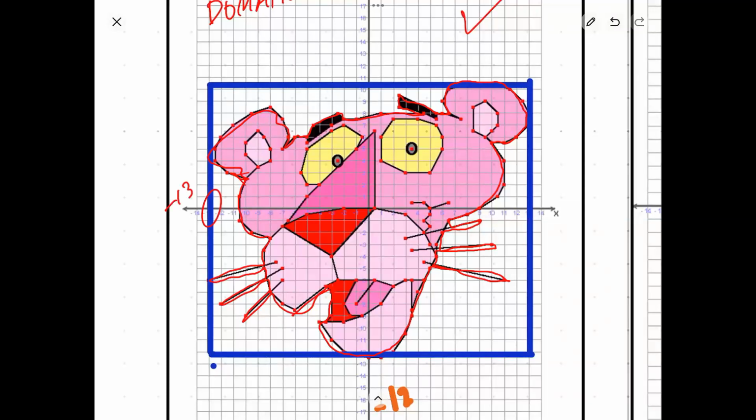So my domain is going to start at negative 13, and it's going to go all the way over to the right side, which is positive 13. So the domain for this is negative 13 to positive 13. And because the graph is actually touching those input lines, we would put brackets around it. So that's how you would figure out the domain.